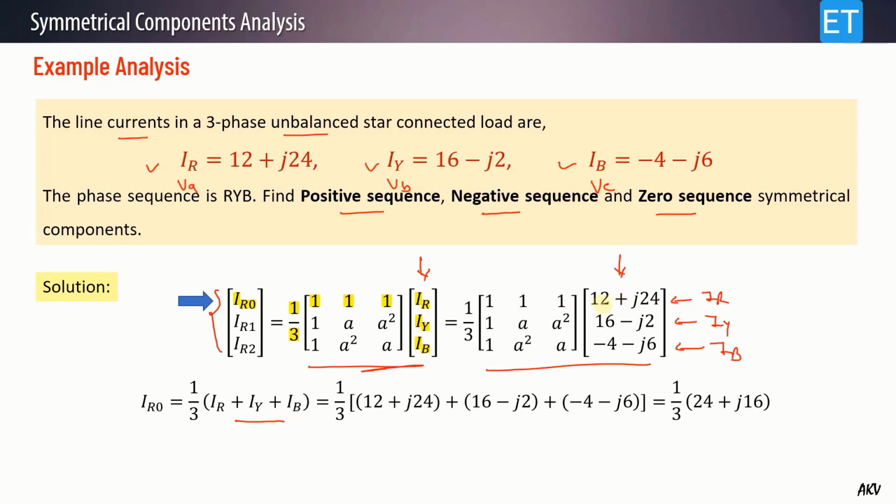That means 12 plus J24, that is IR, then 16 minus J2, that is IY, and then minus 4 minus J6, that is IB. By solving this, you get 1 upon 3 times 24 plus J6, and this is equivalent to 8 plus J5.33. So it is in Cartesian form, and in the polar form this is the first component, the zero sequence component, 9.61 angle 33.69.